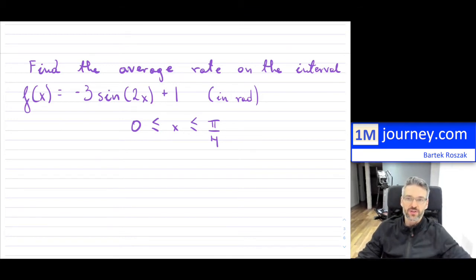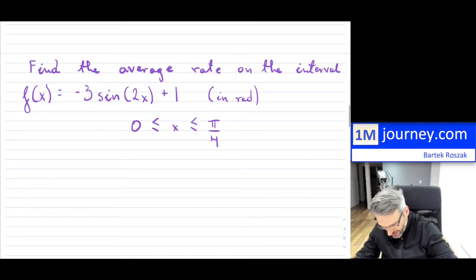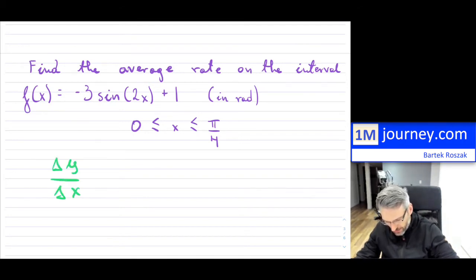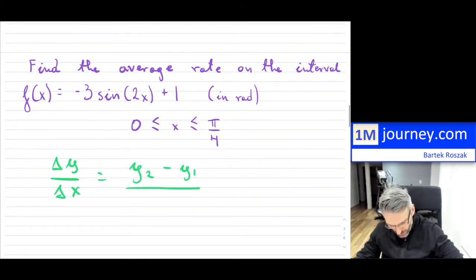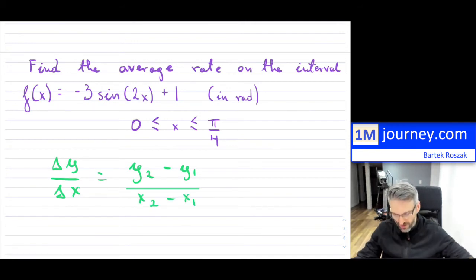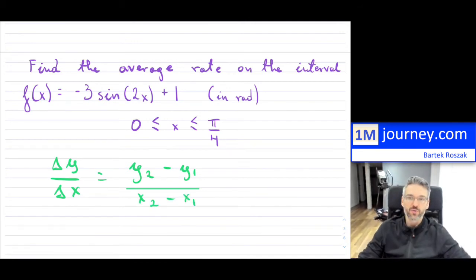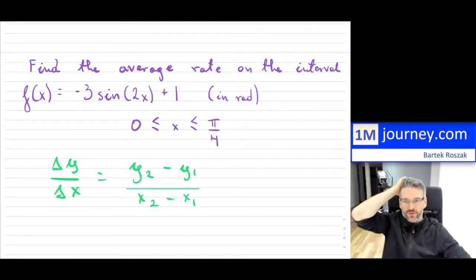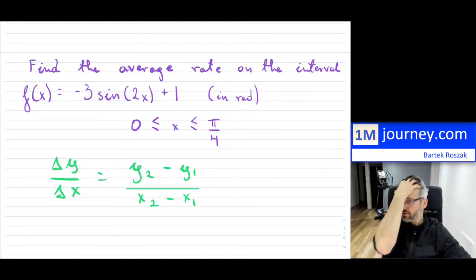And then we're going to just find the average rate by simply taking delta y over delta x between the points. So this would have been y2 minus y1 all over x2 minus x1. Now, if you're doing it in school, it depends. If your teachers allow you to use your tools, then great.